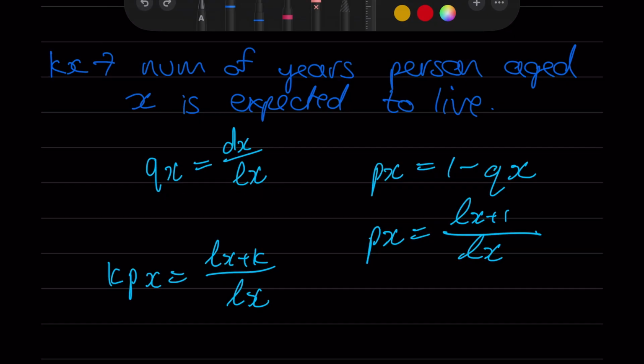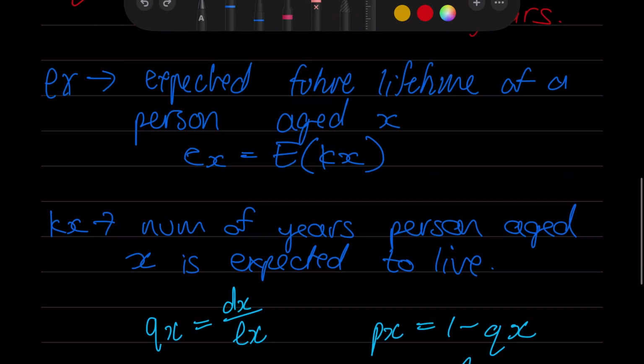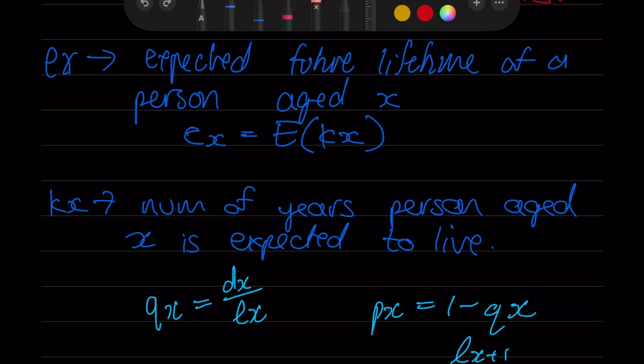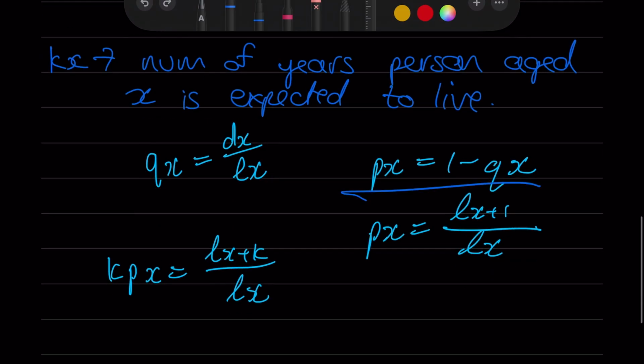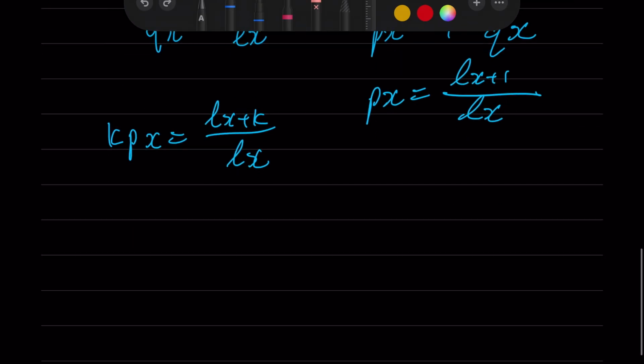That should make some intuitive sense. We said that qx is the probability of someone aged x dying within 1 year. So now we're just considering the people that died at x over the people who are alive to get that probability. And then px, you can calculate like this, which should also make sense. This is the probability that someone aged x survives 1 year. So we just need the people alive at the following year, x plus 1, over people alive at x, which gives us that probability.